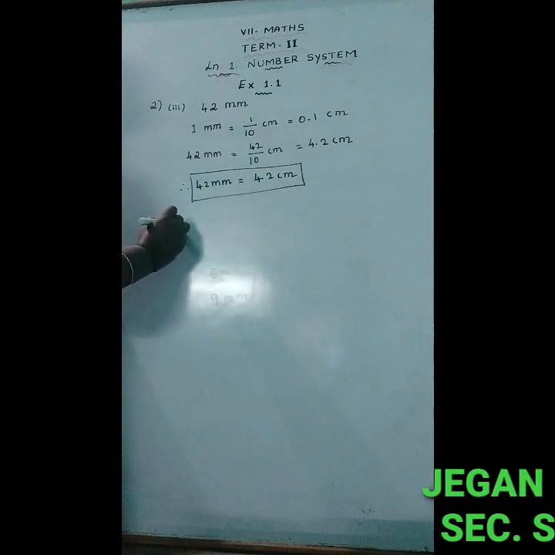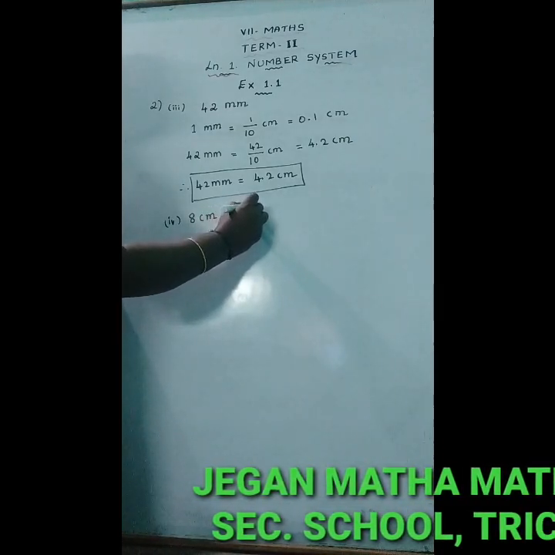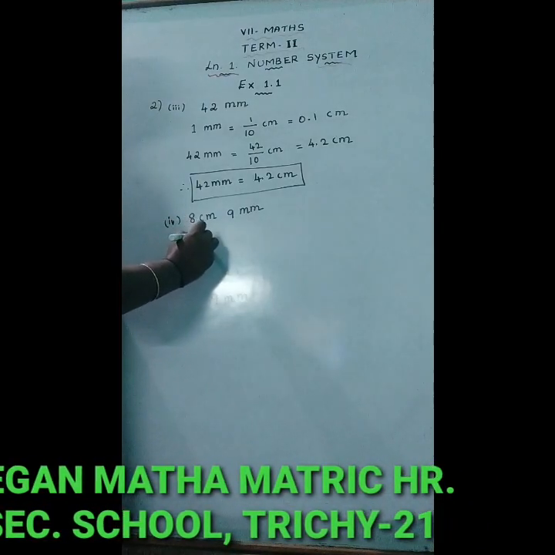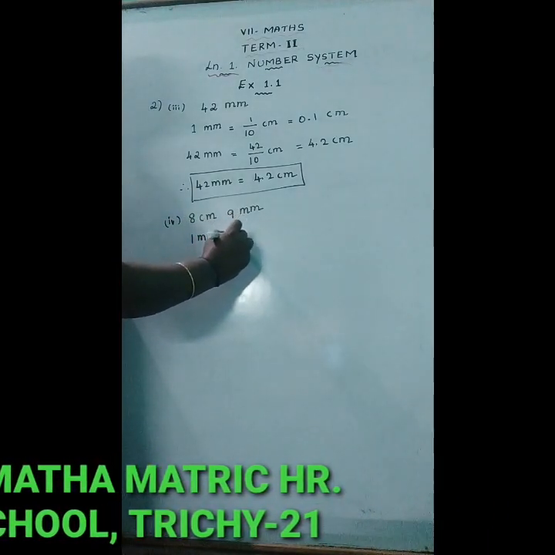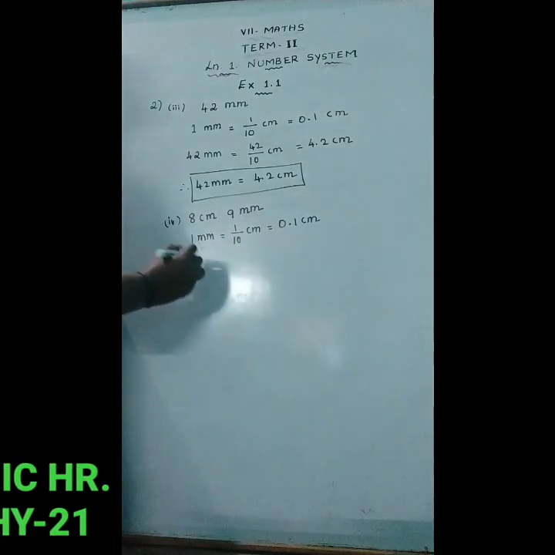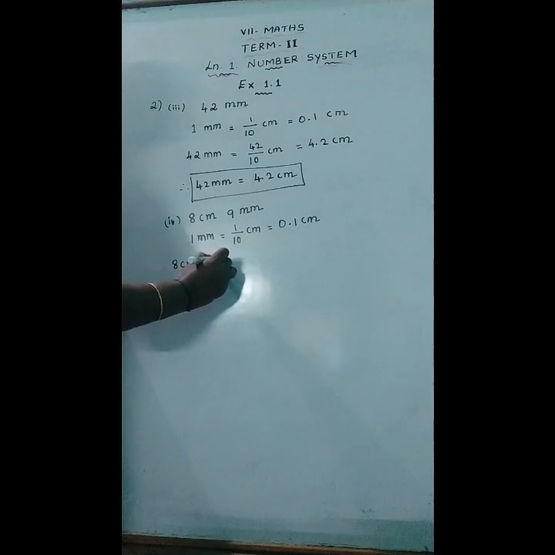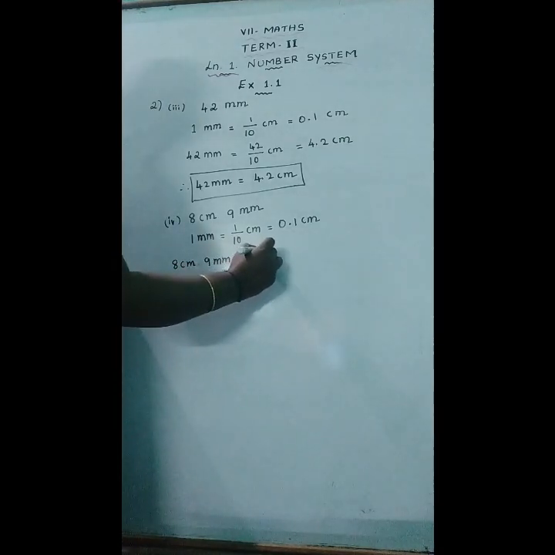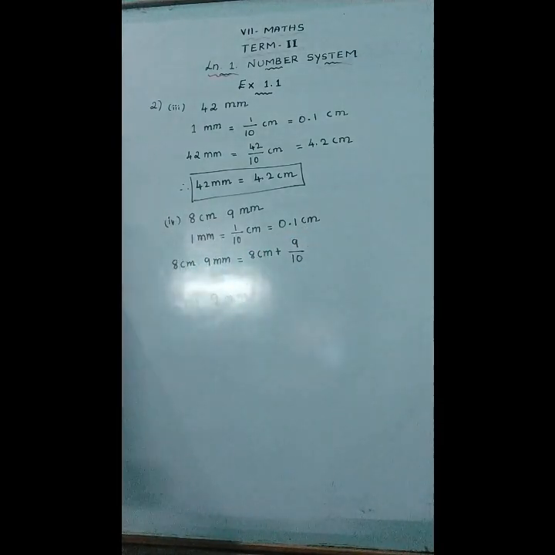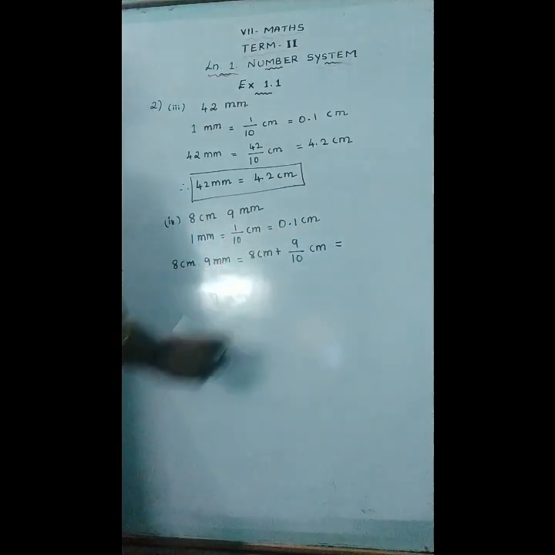Next, the fourth one, given 8 centimeter and 9 millimeter. First we change the millimeter into centimeter. 1 millimeter is equal to 1 divided by 10 centimeter, that is 0.1 centimeter. So 8 centimeter and 9 millimeter is equal to 8 centimeter plus 9 divided by 10. 9 millimeter is changed into 9 by 10 centimeter, that is 0.9.